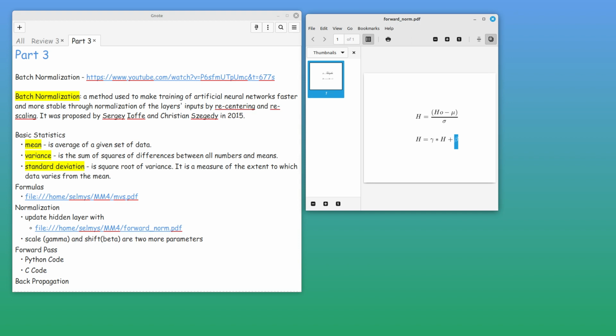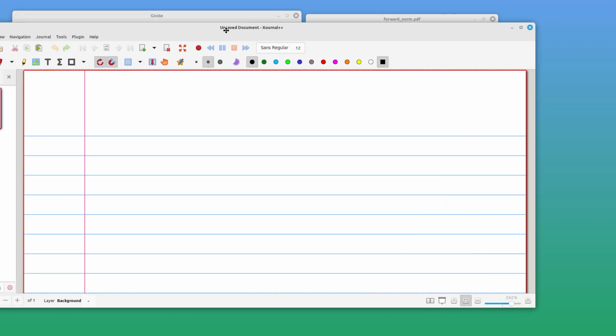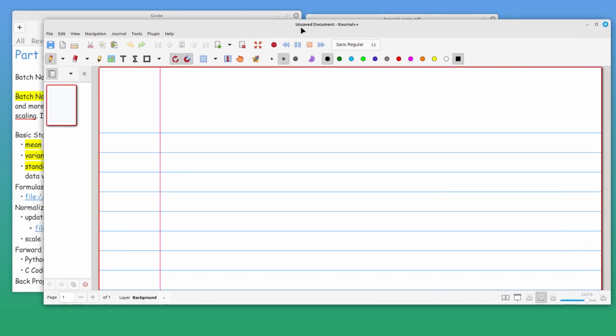If we have a distribution like this, some kind of distribution like that, the gamma parameter is basically multiplied by the normalized layer.